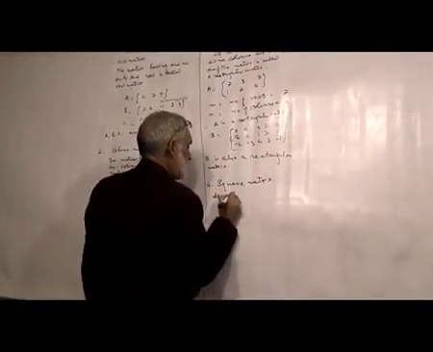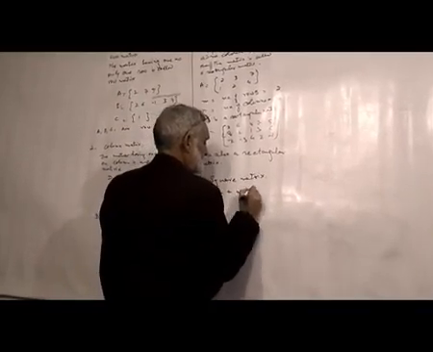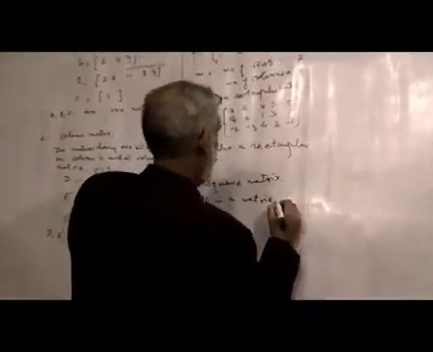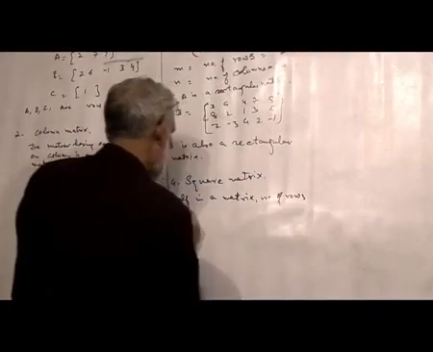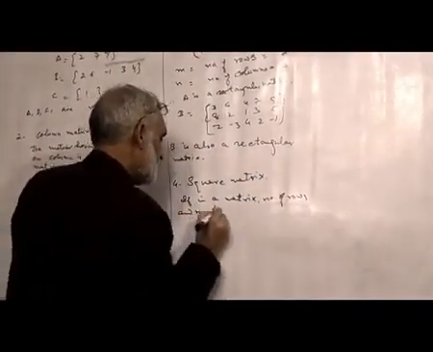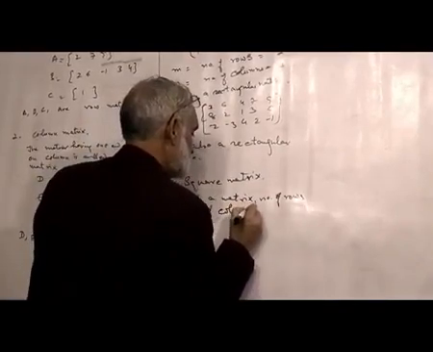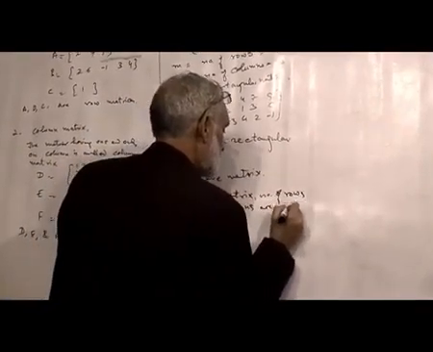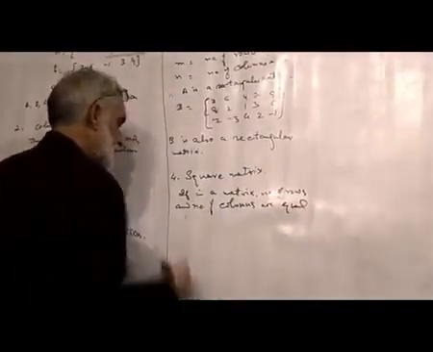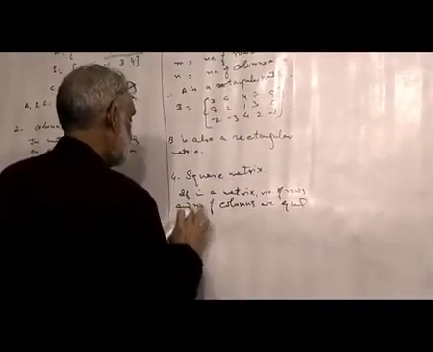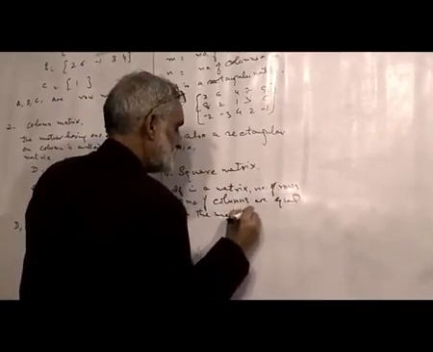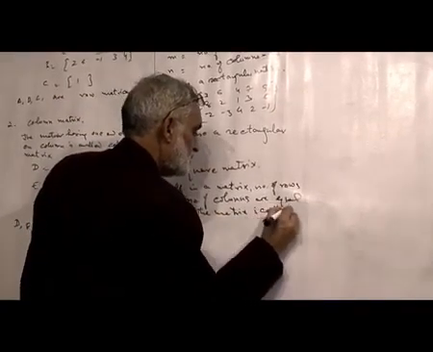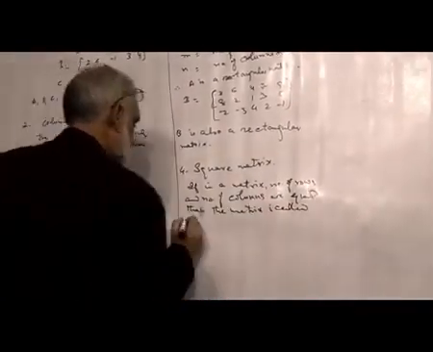So if in a matrix the number of rows and the number of columns are equal, then the matrix is called a square matrix.